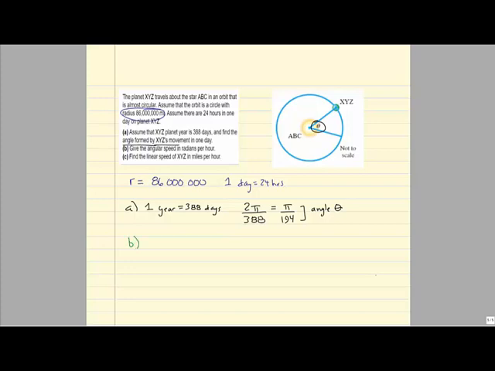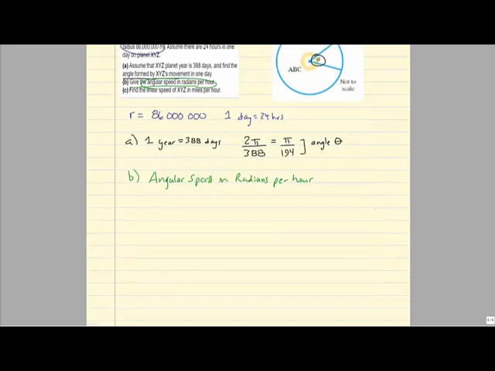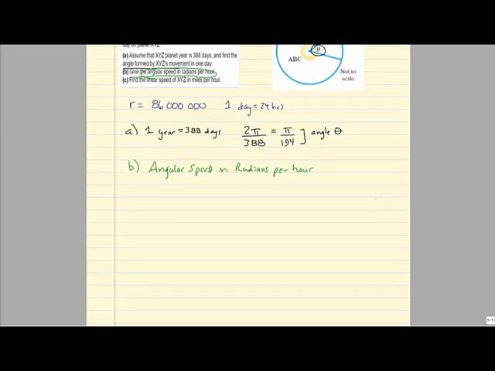Part B says, give the angular speed in radians per hour. So we're looking for angular speed in radians per hour. So we better find that angular speed formula. So the formula for angular speed was omega equal theta over t.